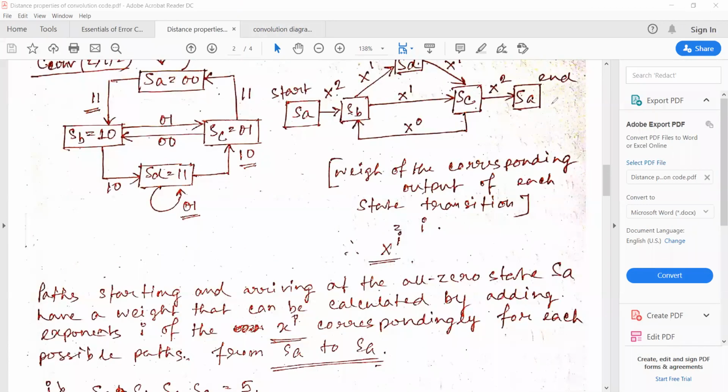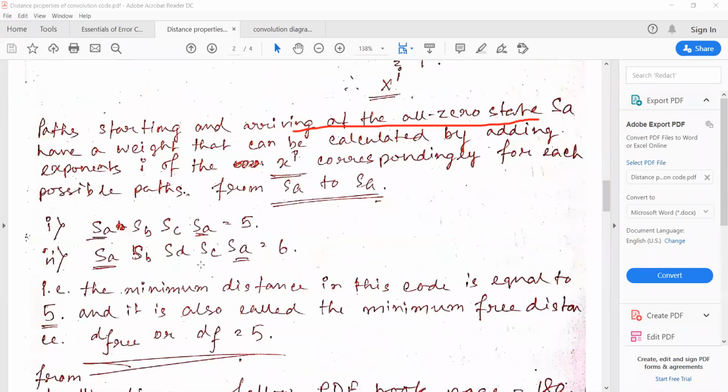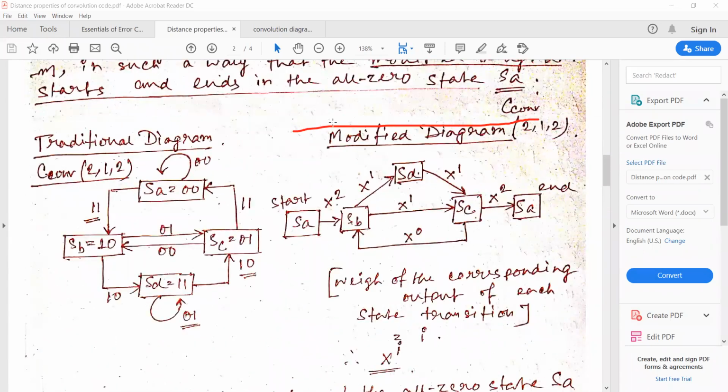So for this path, the path gain is 5, and for SA, SB, SD, SC, SA it is equal to 6. So for this path, the path gain is 6, right?